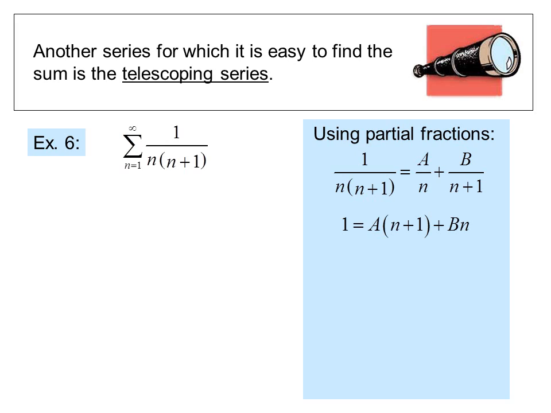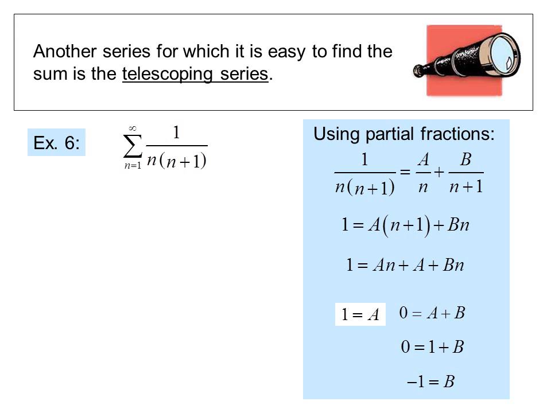Multiplying through by the common denominator, we get 1 equals a times n plus 1 plus b times n. Clearing the parentheses, we have 1 equals an plus a plus bn. So 1 must equal a, and 0 must equal a plus b. Therefore, 0 equals 1 plus b, or negative 1 equals b.